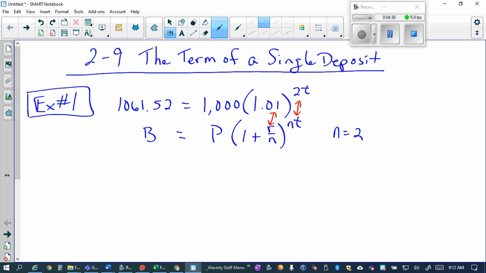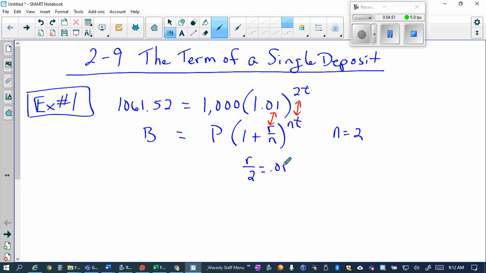0.01. So we know what N is, it's 2. Couldn't we solve this pretty easily for the rate? R over N, where N is 2, is 0.01. So it's a little less complicated than you thought, right? So what does R actually equal? 0.02.